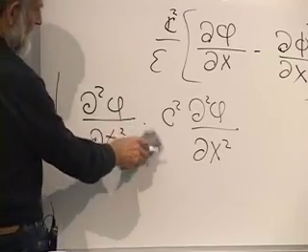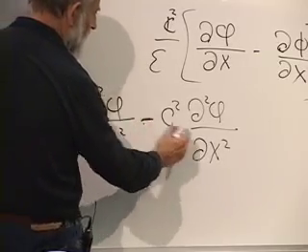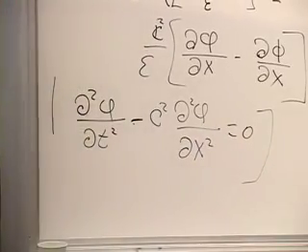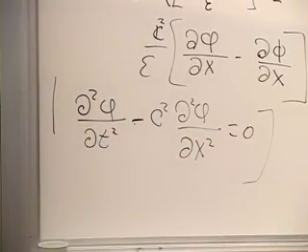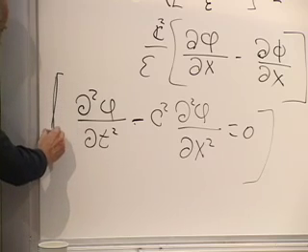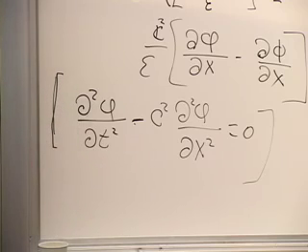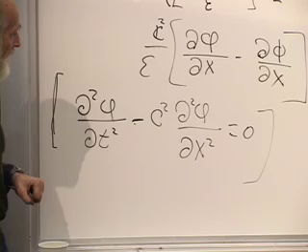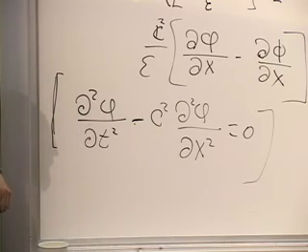Or even better, well, I don't know, better or different, let's write it this way. I like to write things which are equal to 0. Second derivative of phi with respect to time minus c squared times the second derivative of phi with respect to x squared is equal to 0.